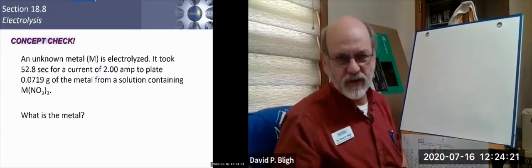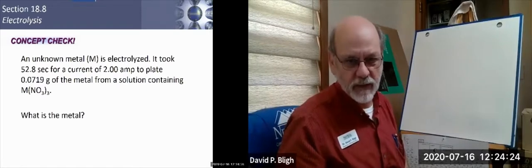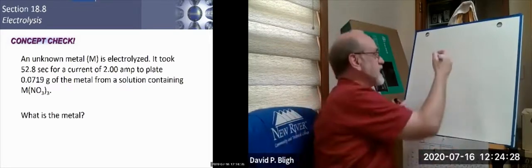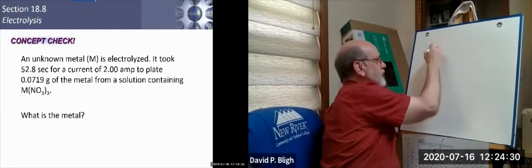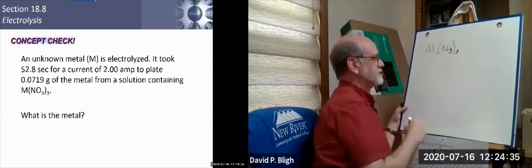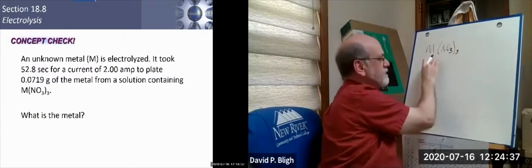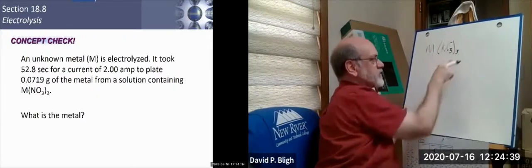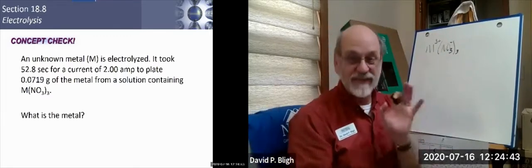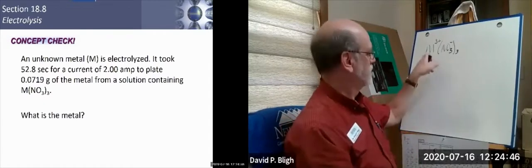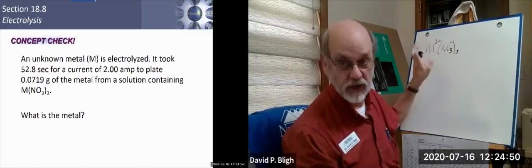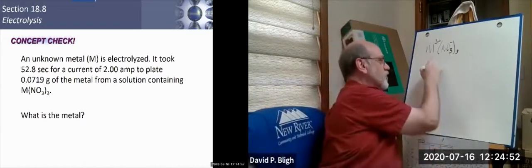We're going to electrolyze the element, and it's nice of them, we're given a solution of the metal and the nitrate. All right, so what does that mean? This is -1 charge, so this has to be 3+. So you're given that. The metal ion is a 3+ charge. That's good to know. Because what? You're going to be doing this.